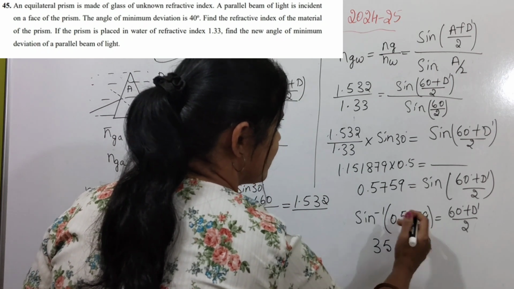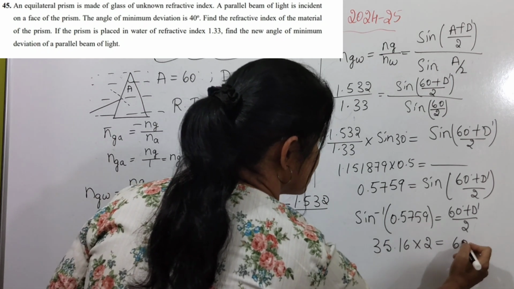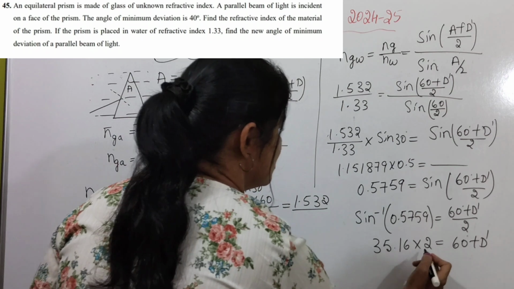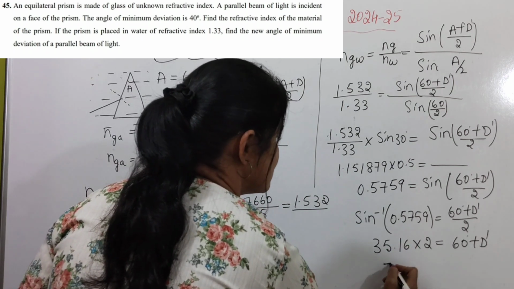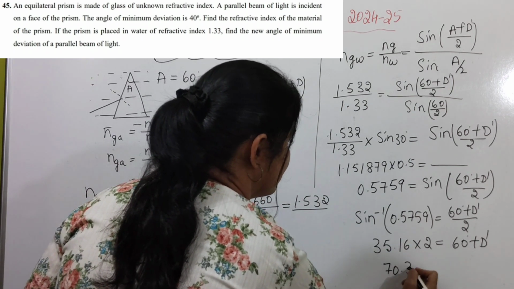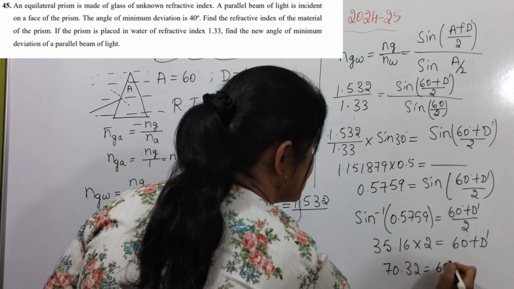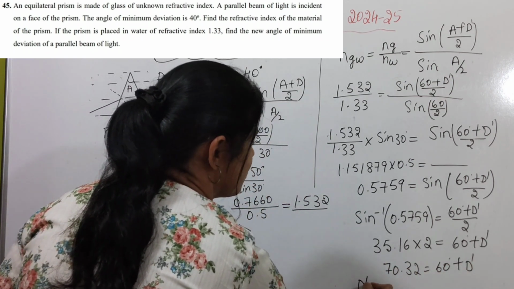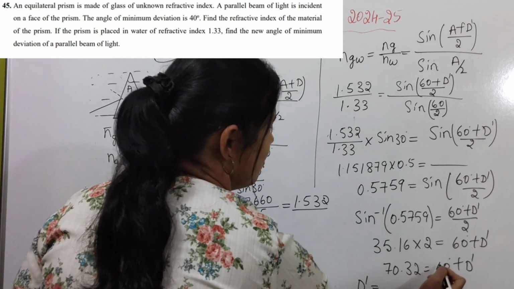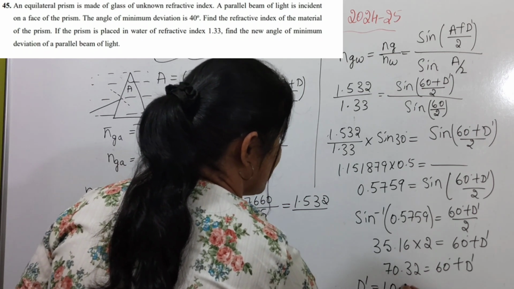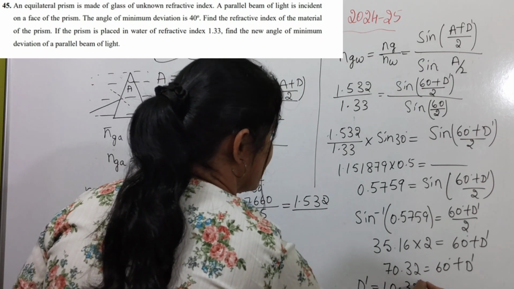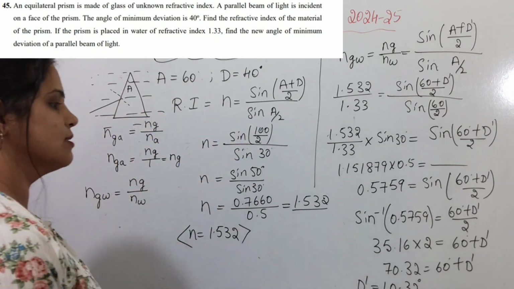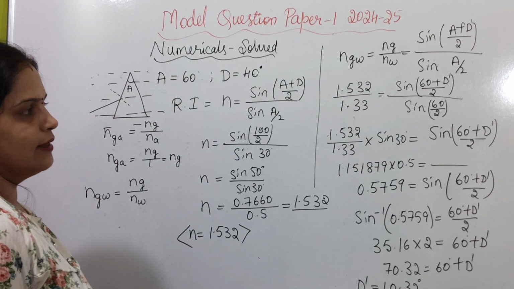Into 2, that is equal to 60 degree plus d dash. So now multiply this: 70.32 is equal to 60 degree plus d dash. Then subtract: d dash is equal to 70.32 minus 60, which is 10.32 degree.